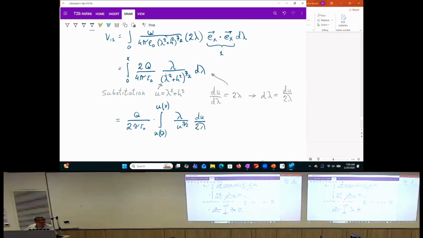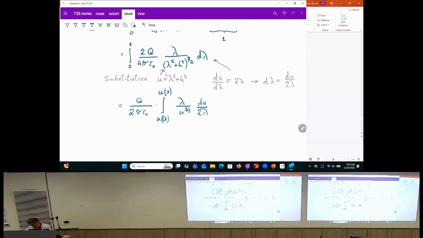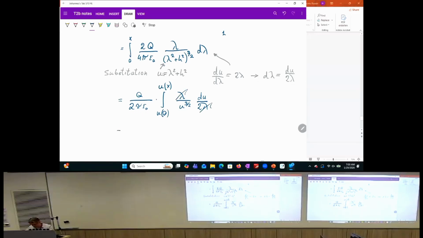So that actually is quite neat because you see this here cancels out. And what remains is q over the 2 that we have here at the end. We pull it also to the front, so it's 4 q over 4 pi epsilon naught. And the integration runs from u of 0 to u of x.